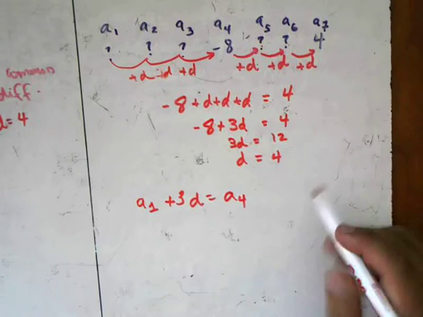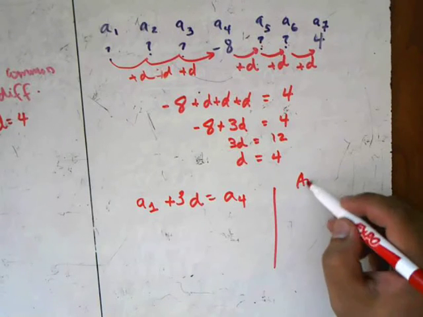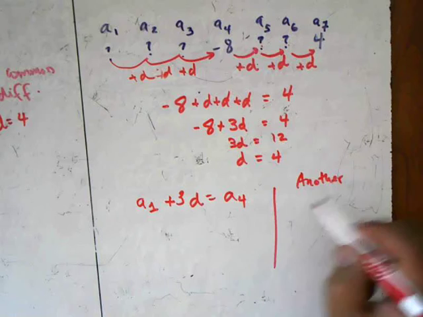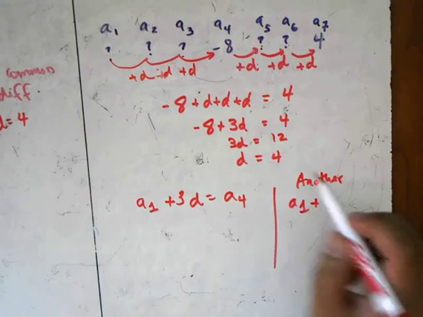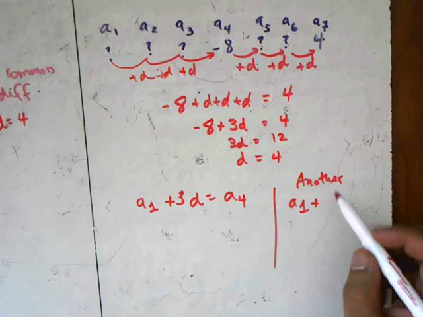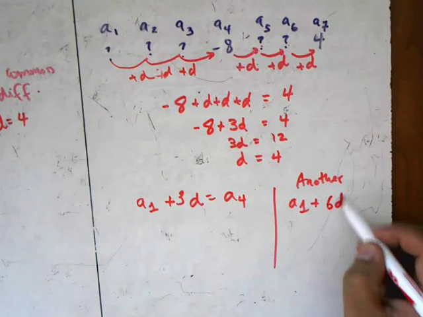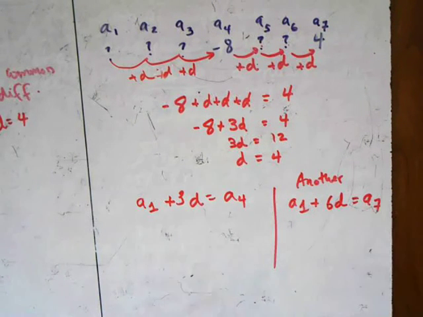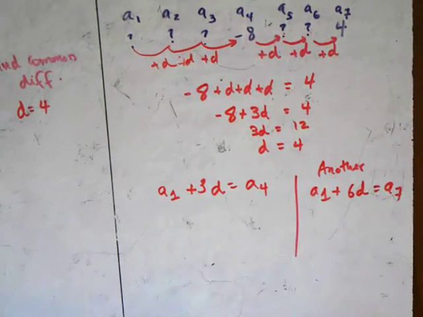Another way that we can solve this is that A1 plus the common difference 6 times will give you A7. I'll show you that both of these methods work just fine. And this is the advantage that we have of finding D first.